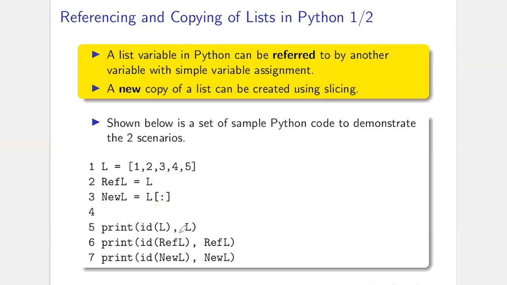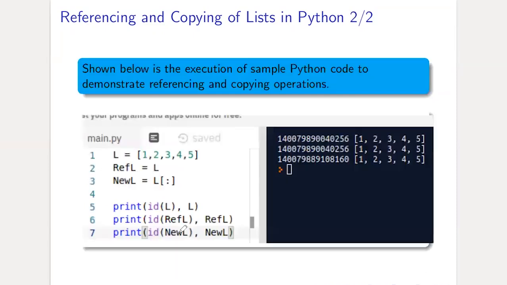Let's run this code and see what happens. You can see the memory location of the variable L is given here. Let's only look at the last 5 digits, 40256. That's the memory location.